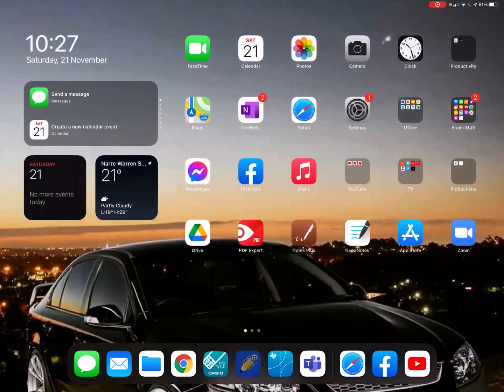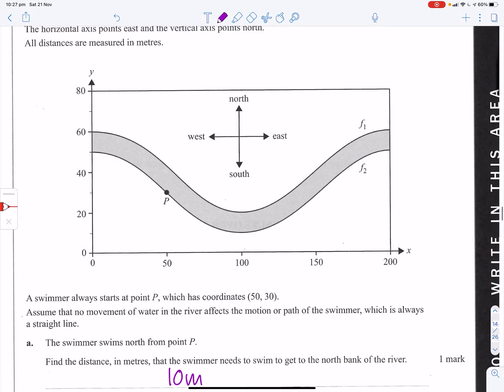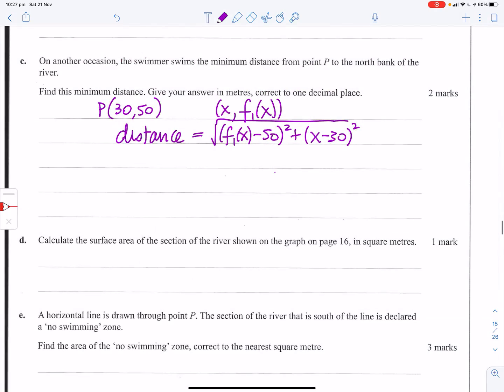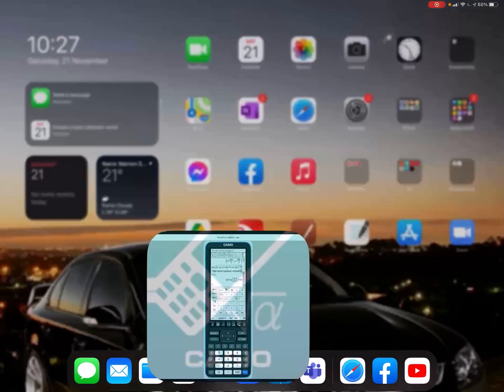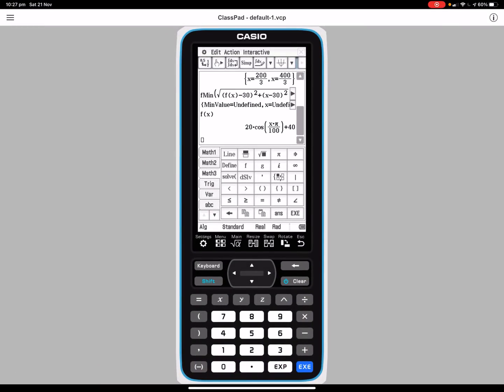I've definitely got them around the right way, haven't I? 50, 30. I've got them around the wrong way. I was right the first time. 30, 50. Now let's try it. 30, 50. What is going on?